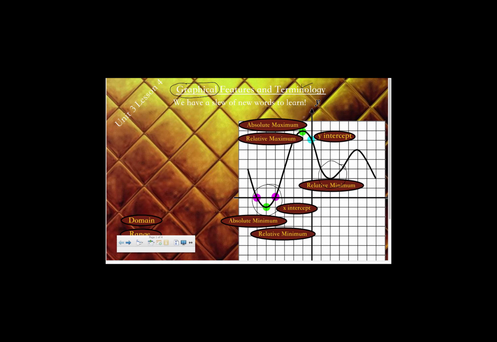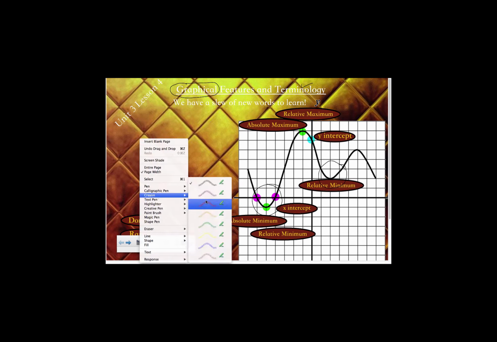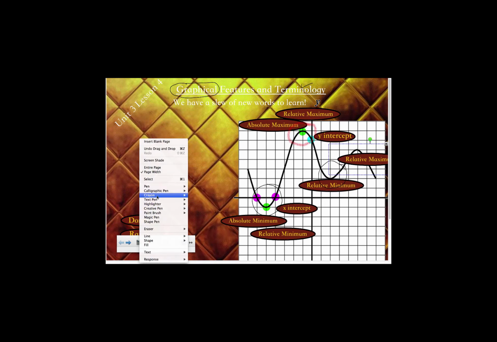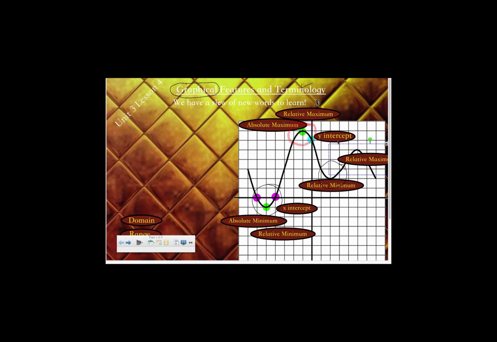This is the absolute maximum of the graph, but in this area of the graph, it also happens to be the highest point of this area. Likewise, getting a little crowded on this, there's a relative maximum right here, because in this area of the graph, there happens to be a relative maximum right there.